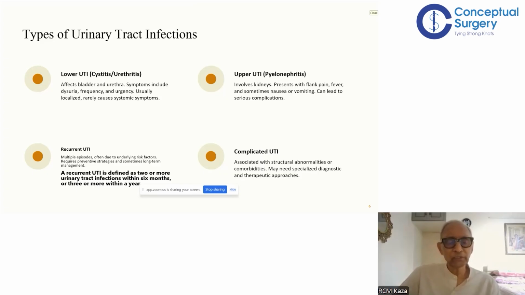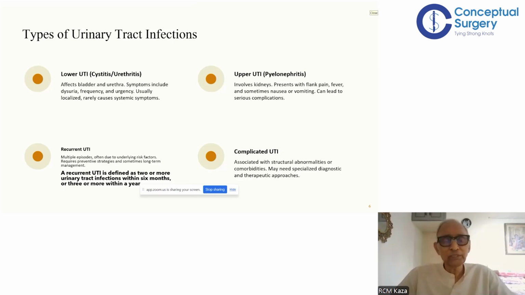But what is of great concern to the practicing surgeons and physicians would be the recurrent UTI. Now, there are multiple episodes classically in such a situation, and despite many long-term management strategies and preventive strategies, these infections take place. Then you have a major problem on hand because you have 2 or more urinary tract infections within 6 months, or 3 or more infections within a year.